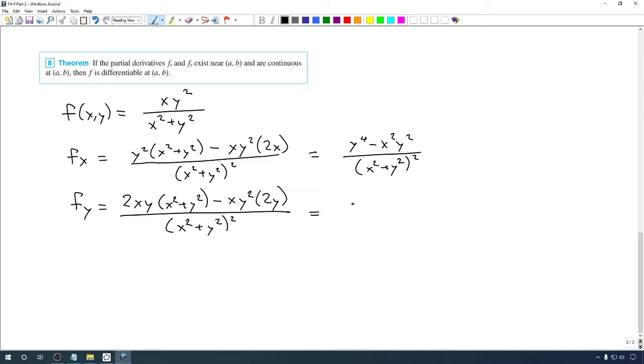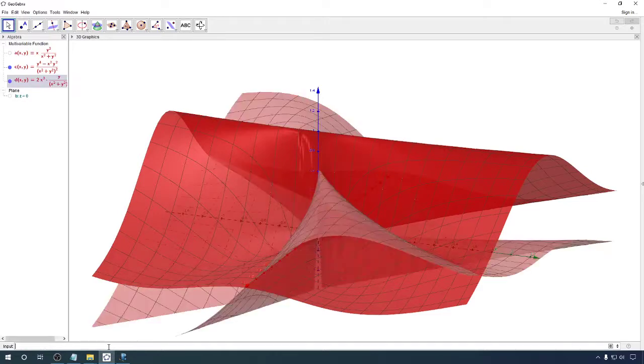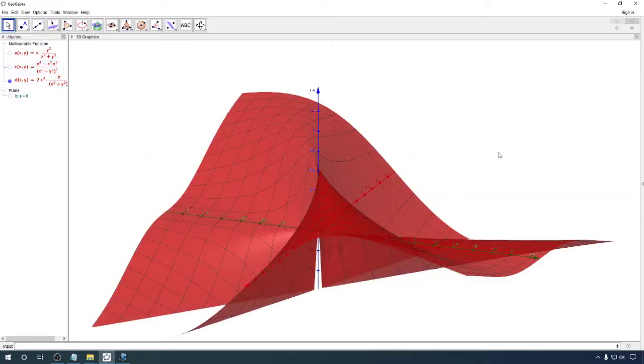And if we simplify that, the top is just going to turn into 2x cubed y this time, with the same bottom. And if we plot that one, 2x cubed y divided by x squared plus y squared, squared. And let's get that one out of there so we can see it.